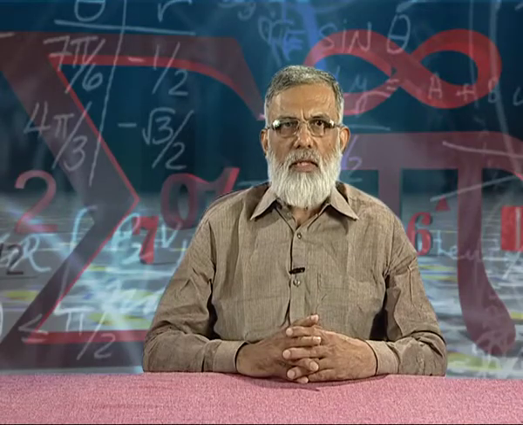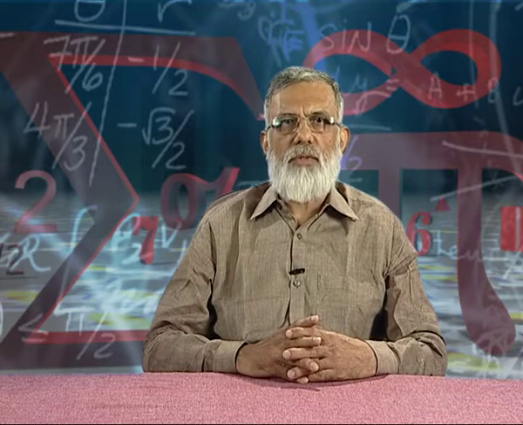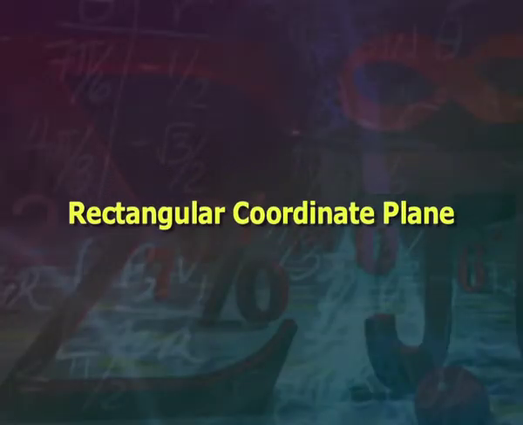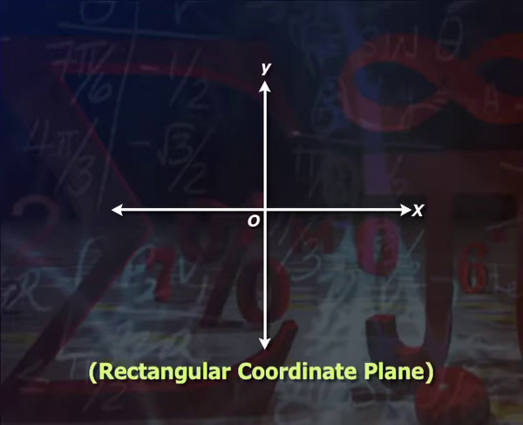As we know that points on a line can be associated with real numbers, similarly, points on the plane can be associated with elements of R cross R. Rectangular coordinate plane. A plane with two orthogonal lines meeting at a point O, which will be referred to as the origin, is called the rectangular coordinate plane.